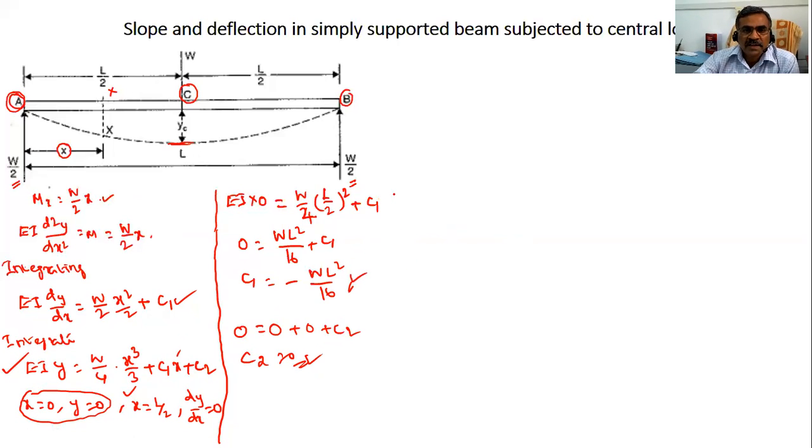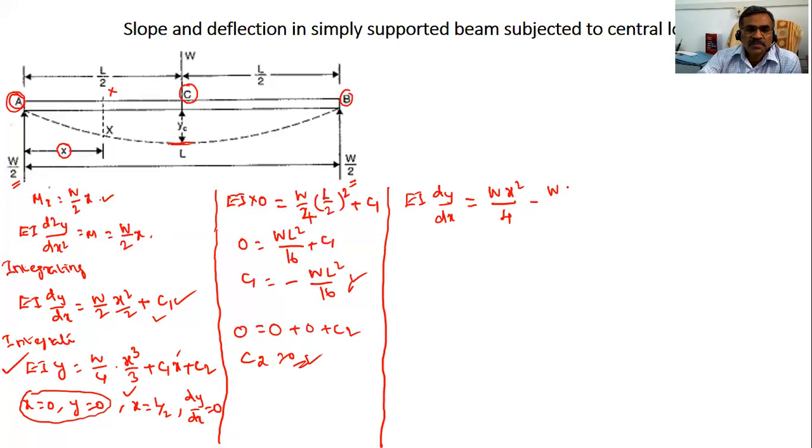Then we can write the slope equation and the deflection equation. The slope equation is EI into dy by dx is equal to W x square by 4 minus W L square by 16.